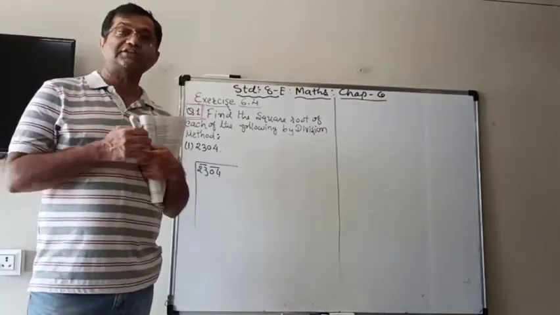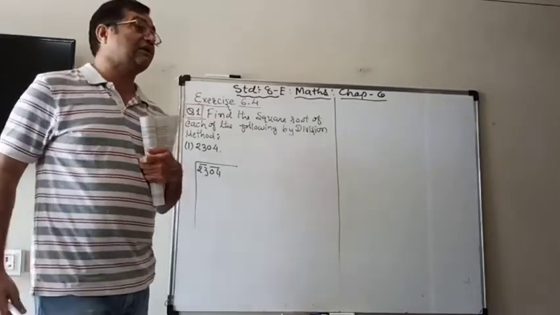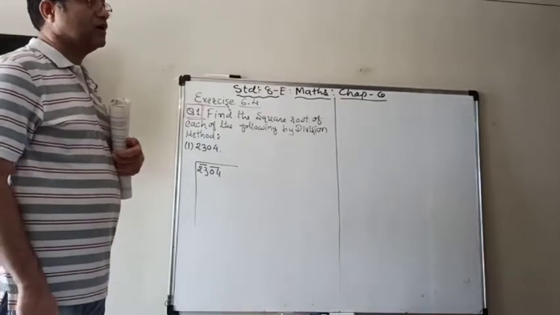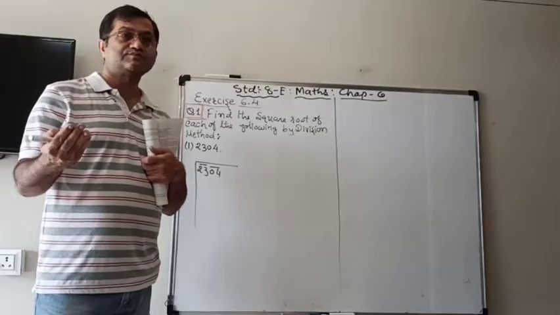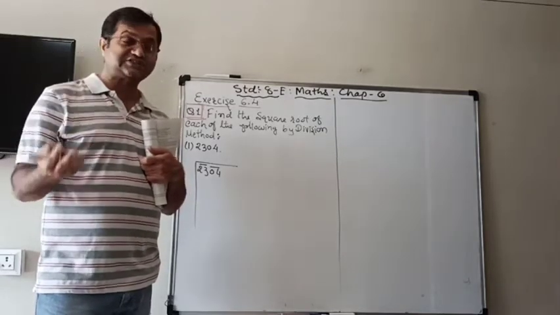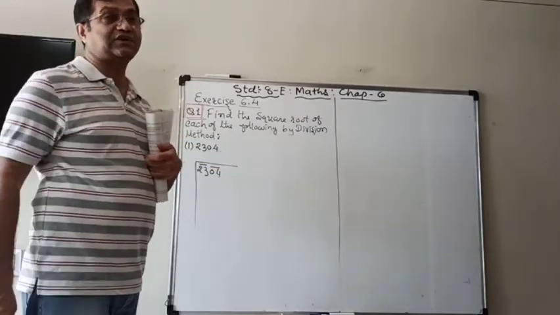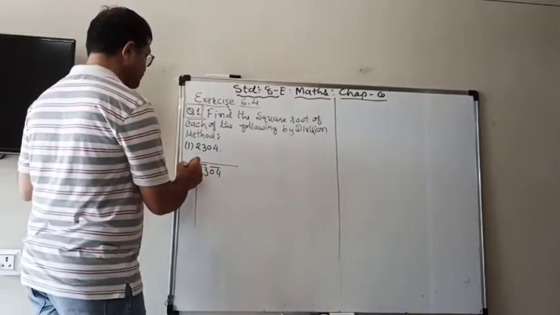So now we have to take the square numbers which are less than or equal to 23. So 2 2s are 4, 3 3s are 9, 4 4s are 16, 5 5s are 25. 25 is greater than 23, so you can't take 5 5s. So you have to take 4 4s.